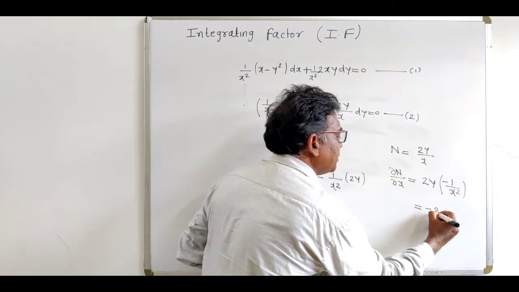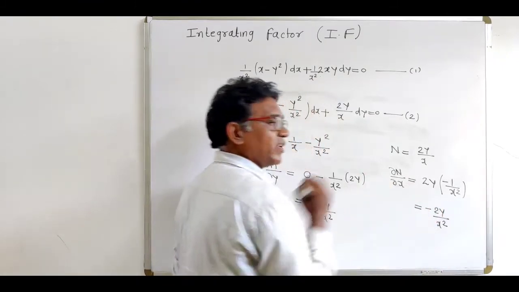So the derivative is minus 2y upon x square.